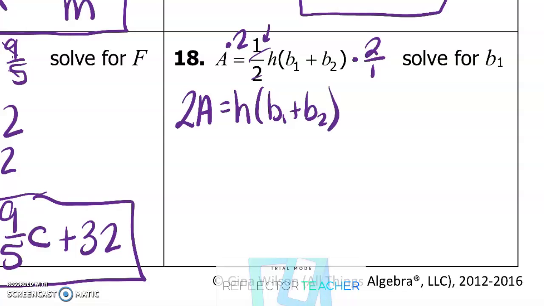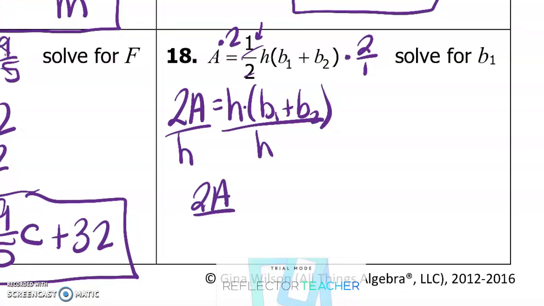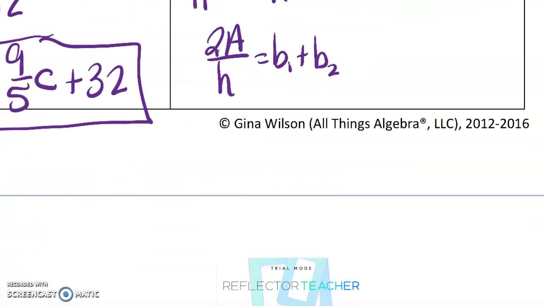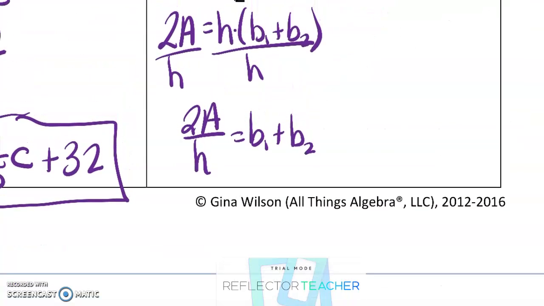So normally we would distribute h, but we're not going to. This means multiplying. So to undo multiplication, we need to divide by h and divide by h. So 2a over h is equal to b1 plus b2. We want b1 by itself, so that means I need to subtract b2 from both sides.